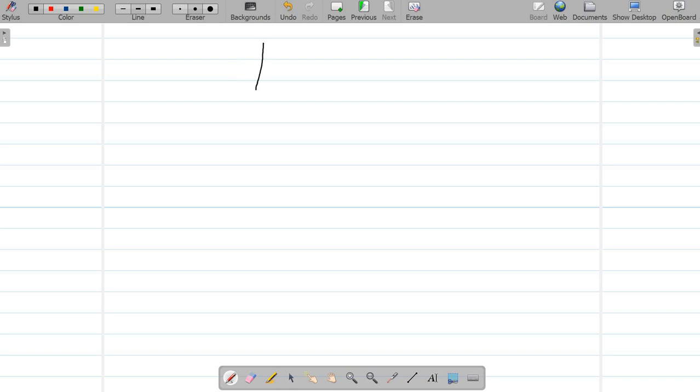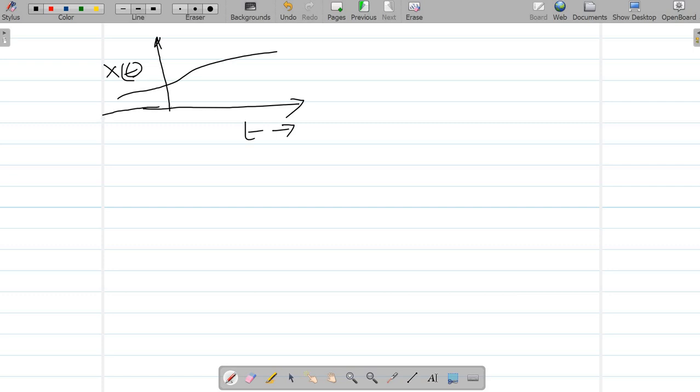Excuse my drawing, but anyway, let us say I am having a signal of this nature, some waveform. Now, the time axis is t and the y axis is x of t.